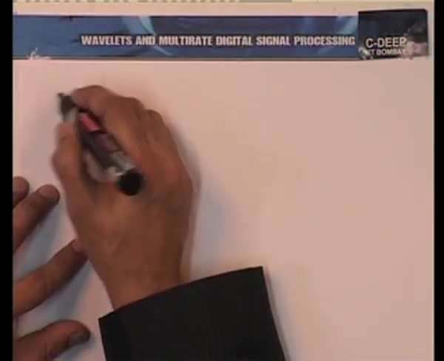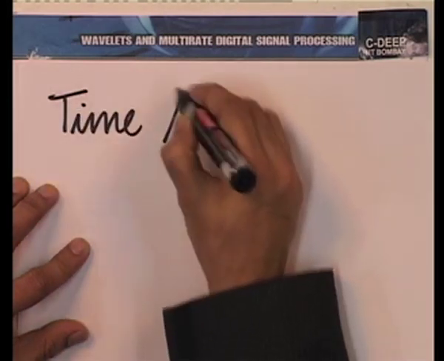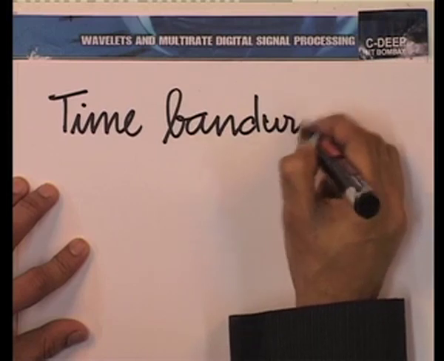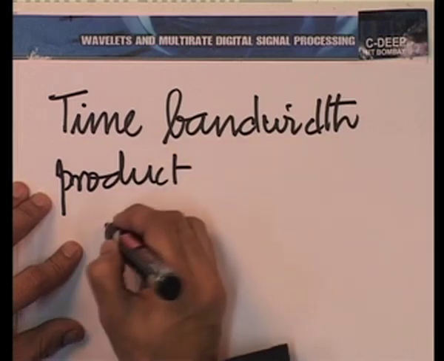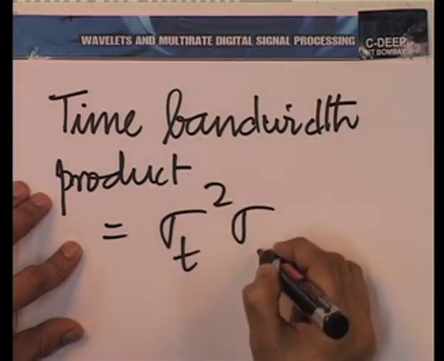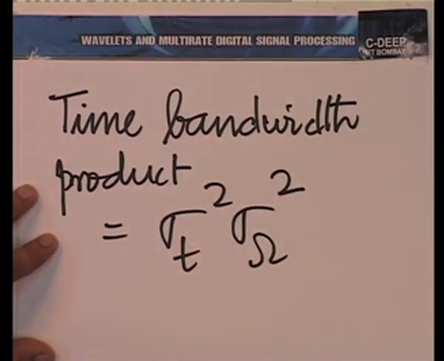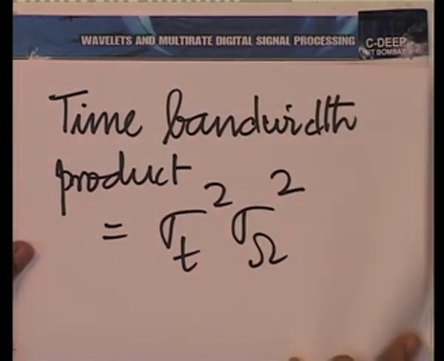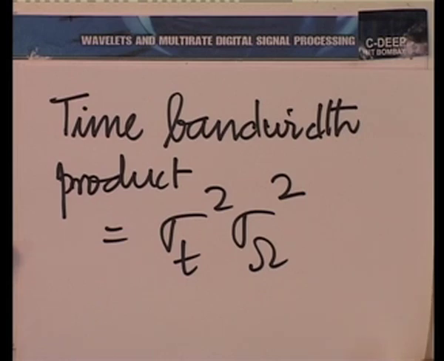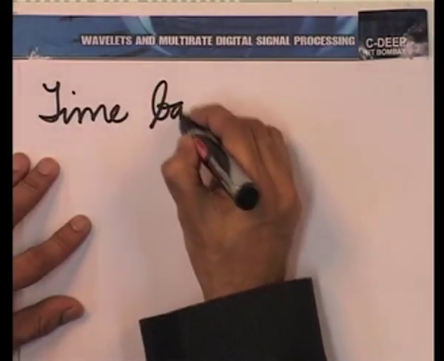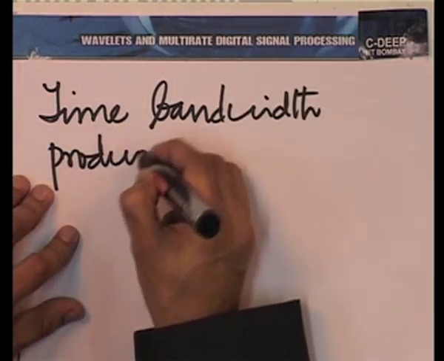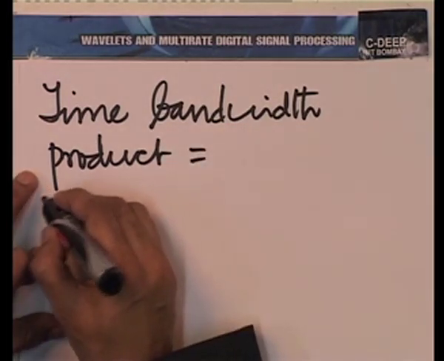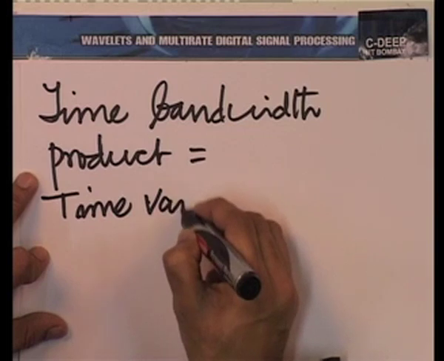So, we introduce the term of a time bandwidth product, given by the product sigma_t squared times sigma_omega squared. Essentially, the time bandwidth product is the product of the time variance and the frequency variance.